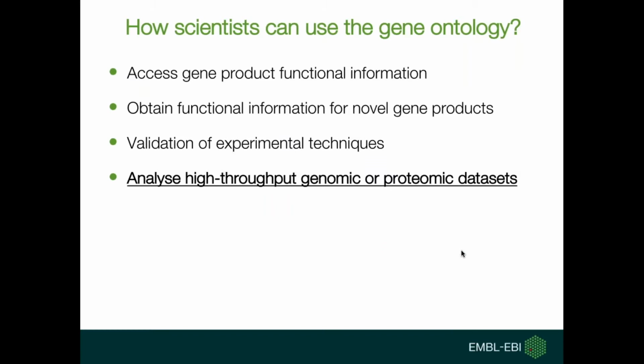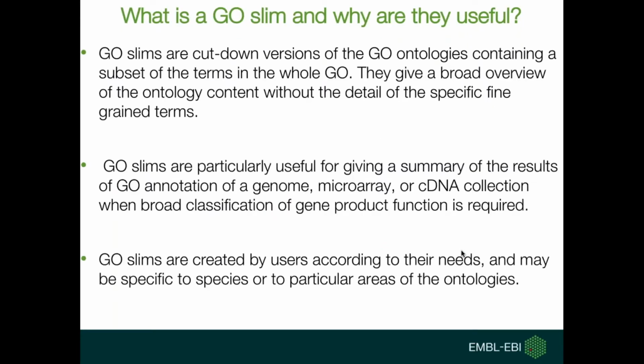So finally, the last case study we have is to analyze high-throughput genomic or proteomic data sets. But to do this, I have to explain what a GoSlim is. I did a little bit of this in the last webinar, but I'm going to review it for you. GoSlims are cut-down versions of the GO ontologies containing a subset of the terms in the whole GO.